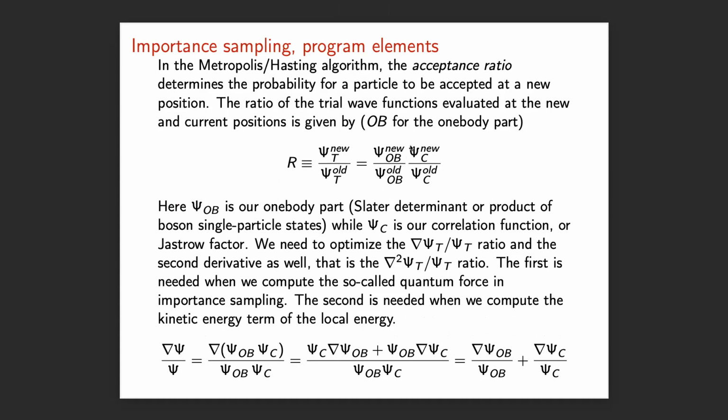In our case, in the first parts of the code which we're developing, we don't have this correlated part, but we have only the one body part, which in our case is the harmonic oscillator. And the harmonic oscillator is given by exponentials. So we would not calculate the exponential of x new divided by the exponential of x old, but we would simply calculate the difference between the numerator and the denominator as arguments, and then evaluate the exponential.